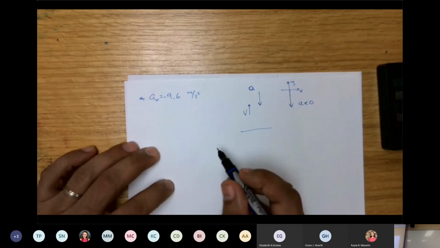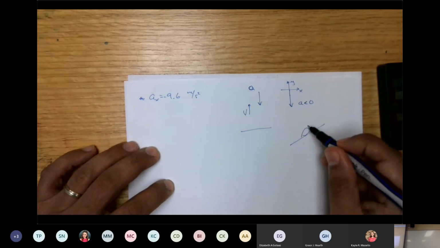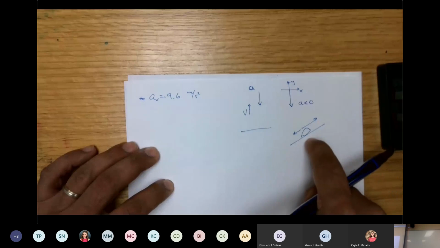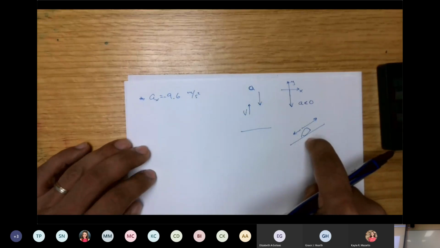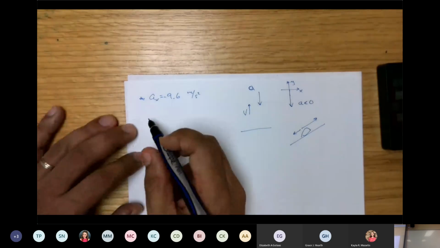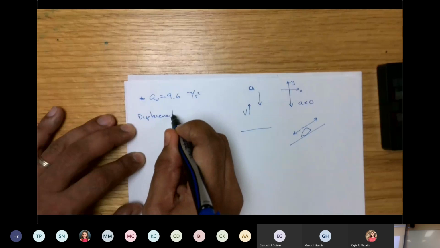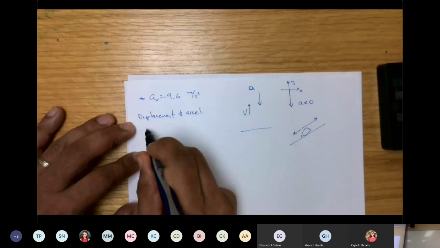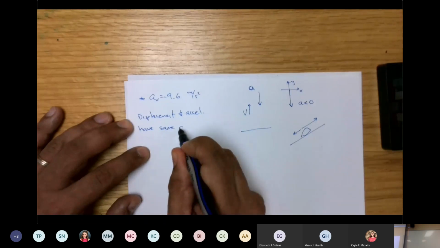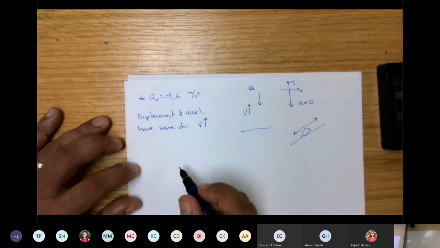In the case of the turtle, the turtle is moving up, and your acceleration is in the opposite direction. So in this case, the turtle is going to slow down. So basically, if the displacement and the acceleration have the same direction, then the velocity is going to increase.